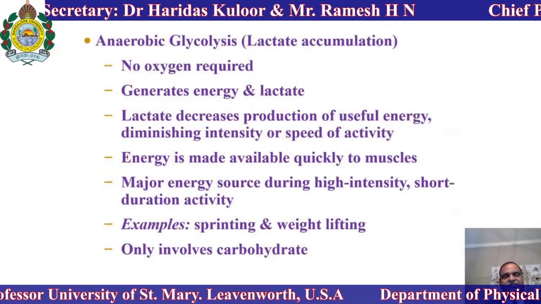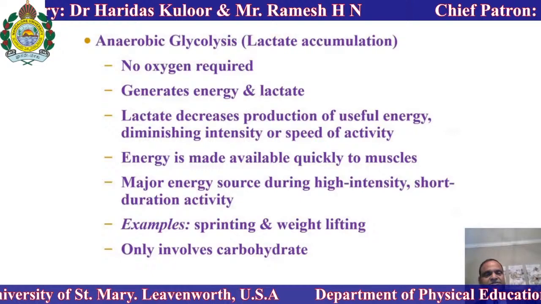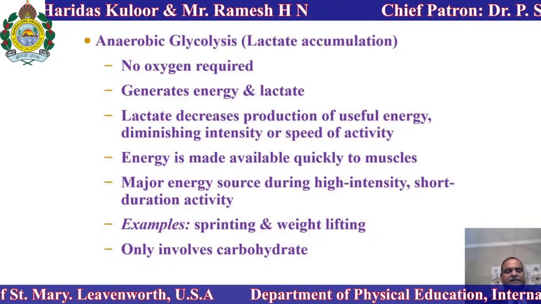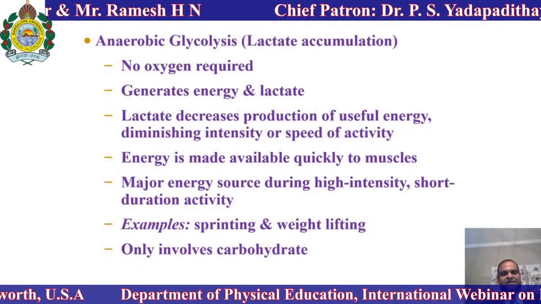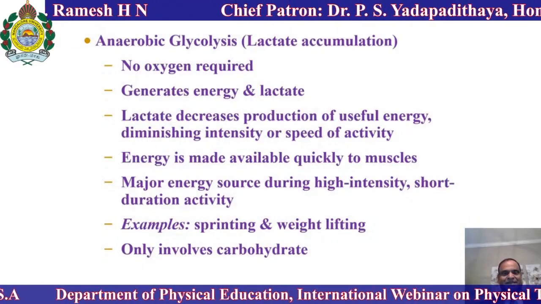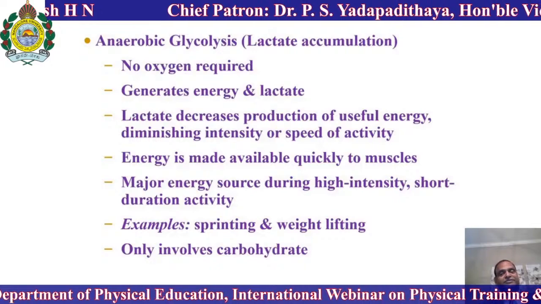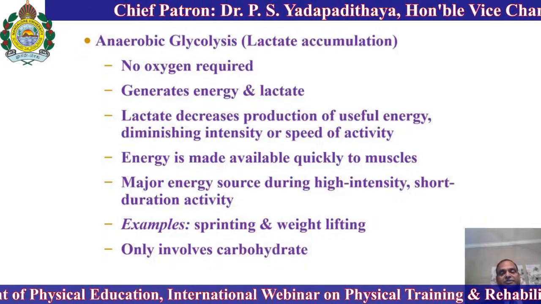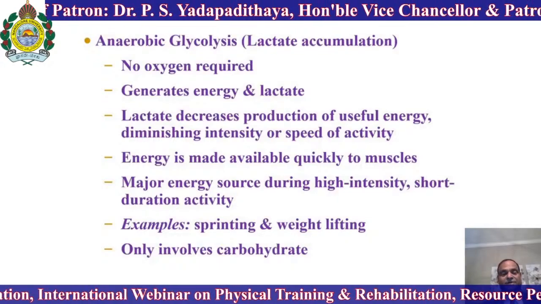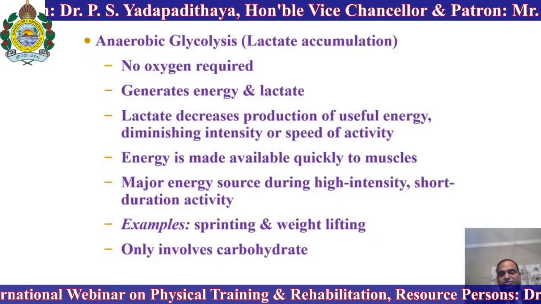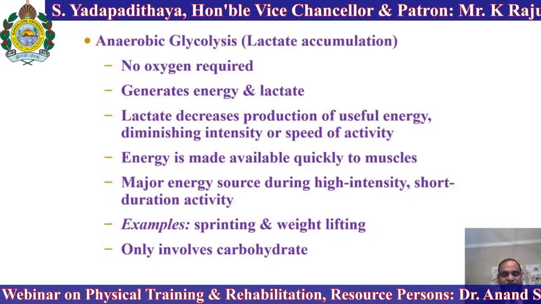The next fastest energy system is anaerobic glycolysis. That means oxygen is not required, and it generates energy and lactate. Lactate decreases production of useful energy and diminishes the intensity or speed of activity. Energy is made available quickly to muscles. It is the major energy source during high intensity short duration activities.